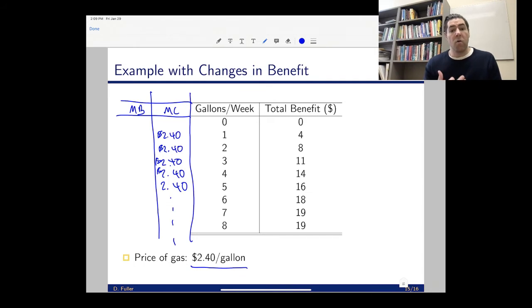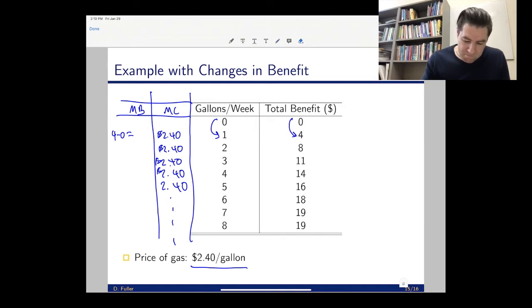Now all I need to do is calculate my marginal benefit, the change in total benefit, and keep adding gallons of gas per week until that marginal benefit is no longer greater than the cost, which is $2.40. The marginal benefit of going from 0 to 1 gallons is the change in total benefit, which is 4 minus 0, so $4.